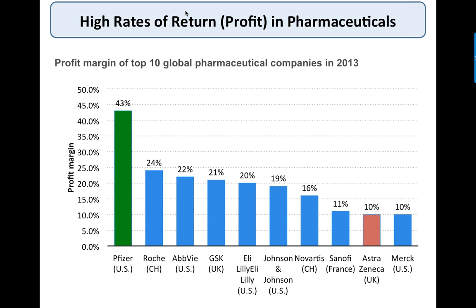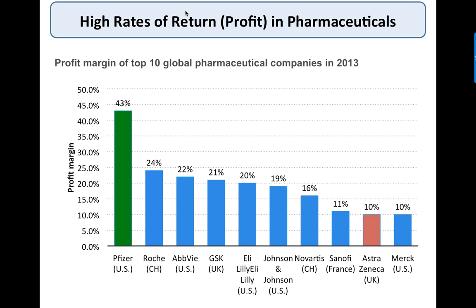Here's an example, and this is an industry often used by exam boards, the pharmaceutical sector. Pfizer stands out as the most profitable drugs company on planet Earth, achieving a rate of return of 43% in 2013. That's almost double the rates of return from some pretty big, significant global pharmaceutical companies.